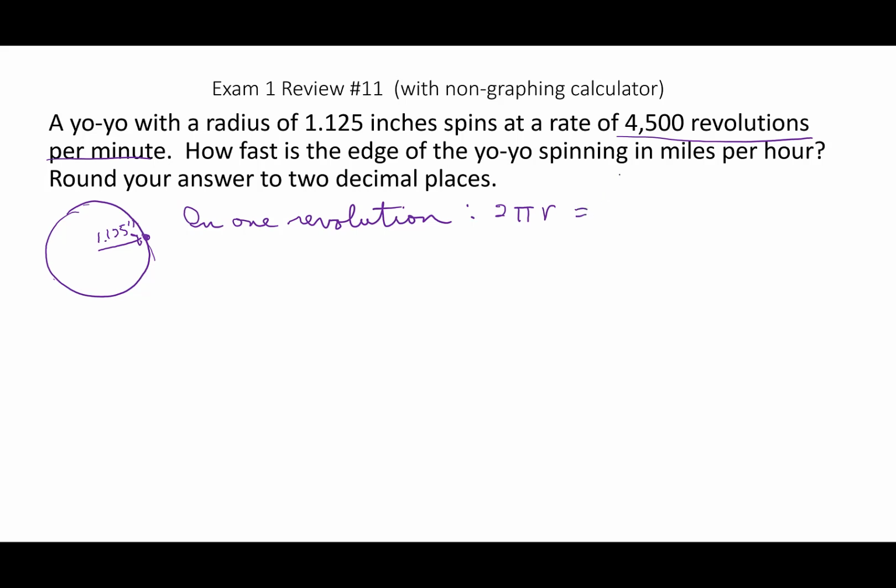We see that r is equal to 1.125 inches, so we're going to have 2 pi times 1.125 inches. And so we'll just call the distance that our point travels in one revolution 2.25 inches. Okay, so if we travel, oh, I forgot the pi there.